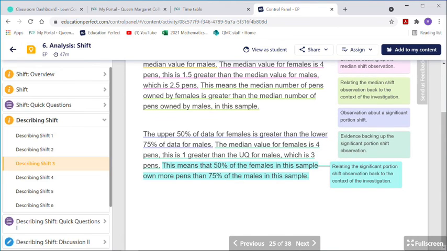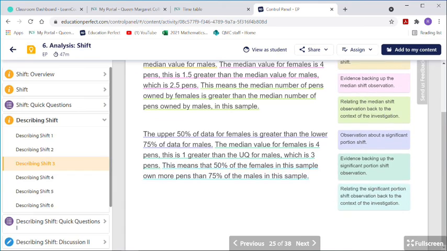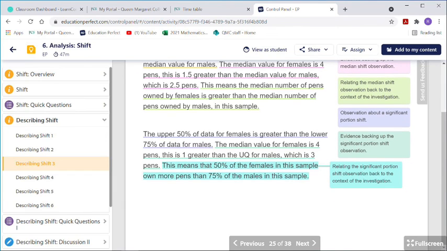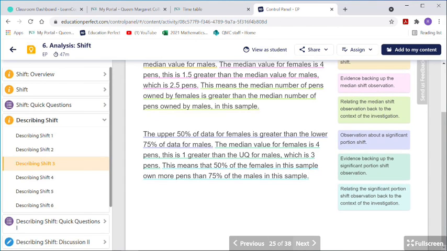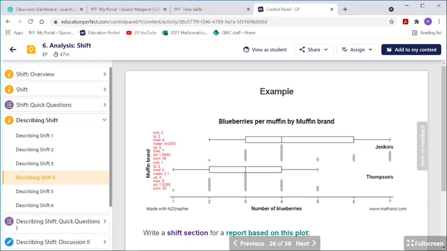And then here, repeating the 50 and 75 as it relates to the context. Keep it simple. There's no reason to go off at the deep end when you're talking about context. Just state clearly and simply what it means. Okay? All right, so make sure you copy that.